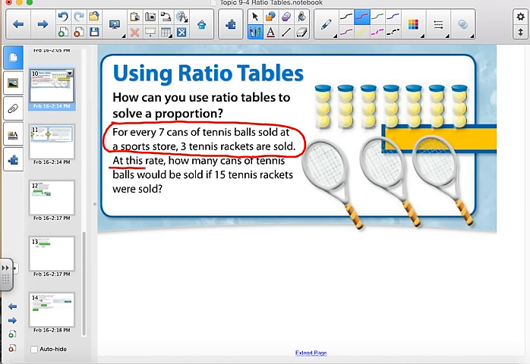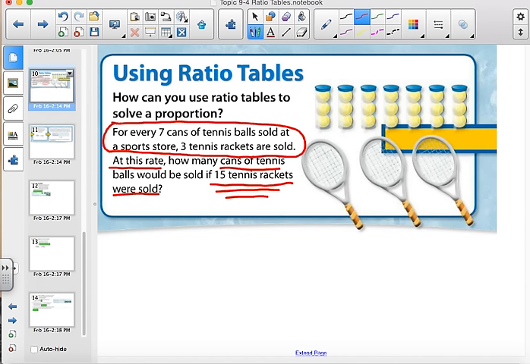At this rate, 7 cans to 3 tennis rackets, how many cans of tennis balls would be sold if 15 rackets were sold? They want to predict how many tennis balls they're going to need if they sell that many rackets.